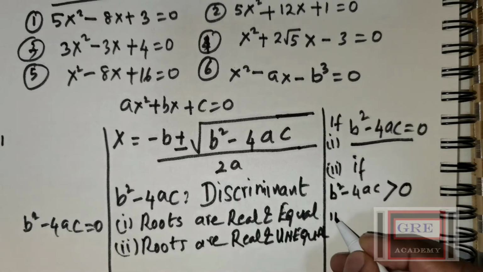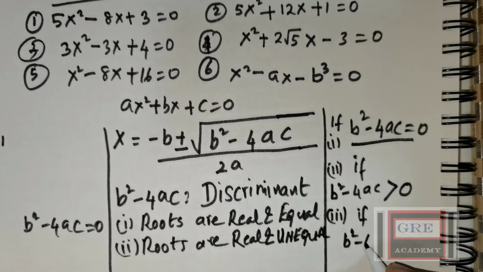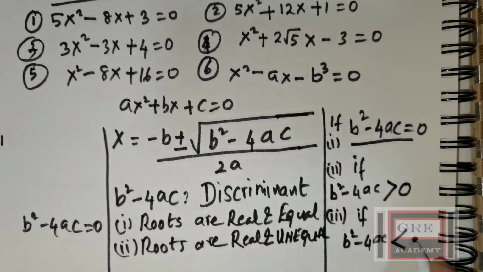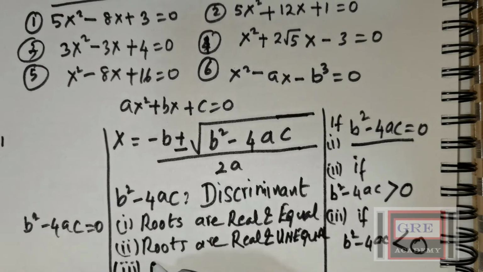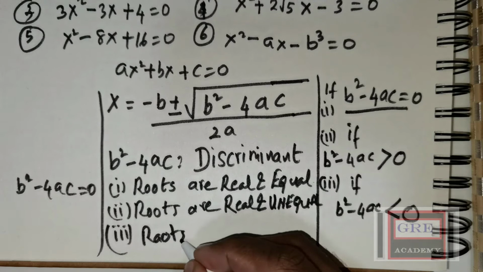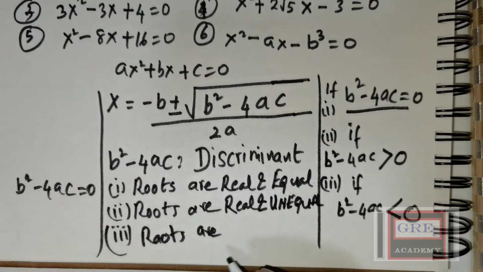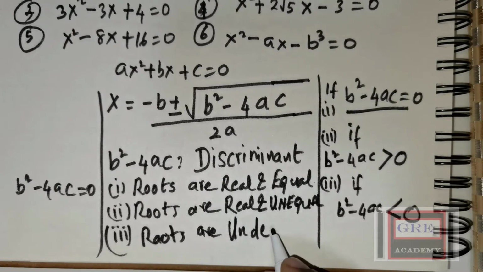Condition number 3, if b squared negative 4ac is less than 0, then what happens? The roots are undefined. You have to use the word undefined.